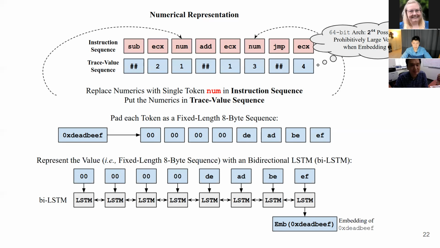This effectively reduces the 2 to the 64 vocabulary to only 256 possible bytes. And also using an LSTM can capture their relative position, which can encode the relative significance of each byte in the 8-byte encoding.